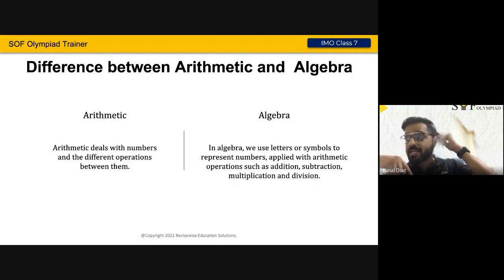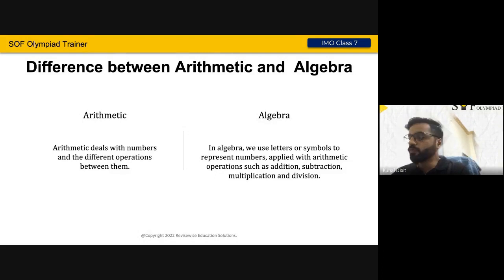Whereas algebra uses variables to do these operations. In algebra, we would be doing the same arithmetic operations, but not only on numbers, but on variables and numbers. So it would be a combination.